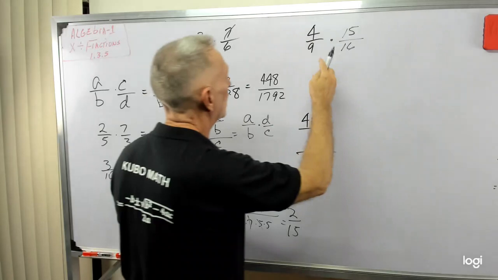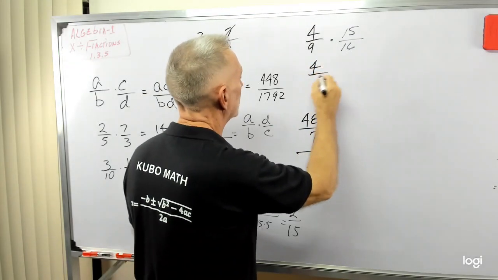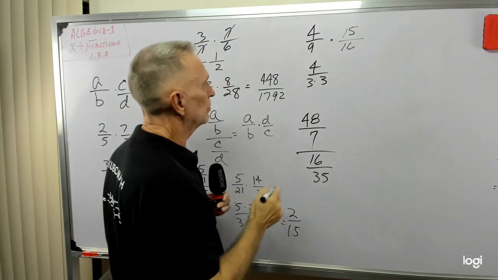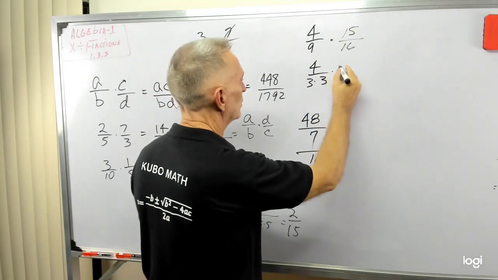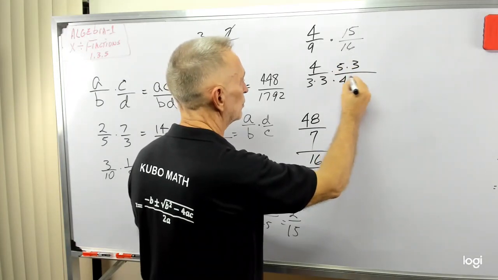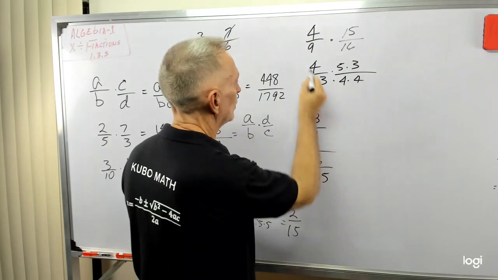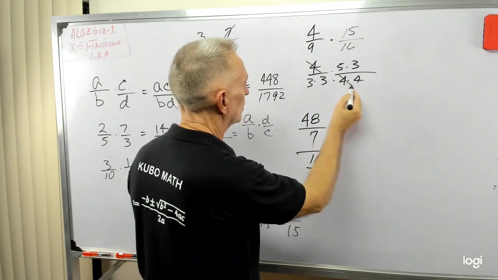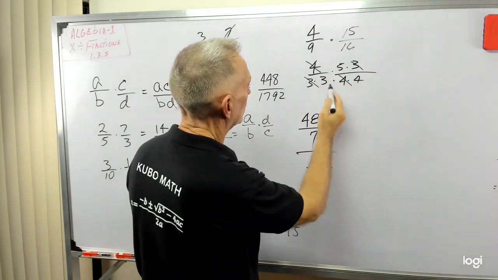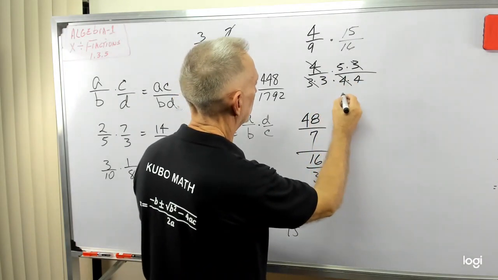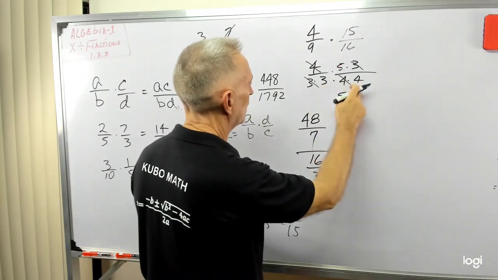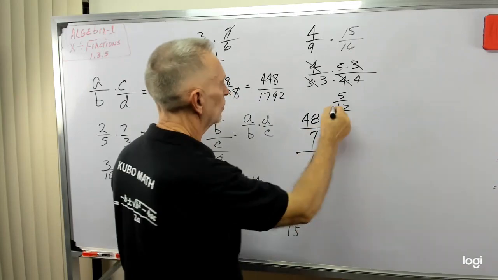So now I have 4 over, and I'll just go ahead and say 9 is 3 times 3. 15 is 5 times 3, divided by 16, which is 4 times 4. So this 4 cancels that 4. This 3 cancels that 3. So what do I end up with? 5 over 12. So 5 over 3 times 4. So 5/12.